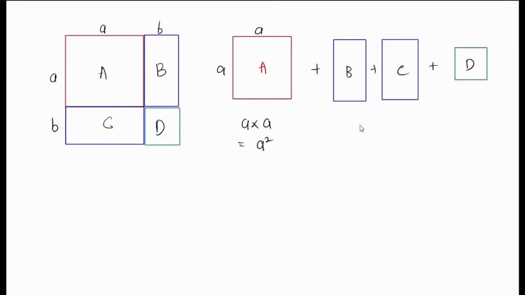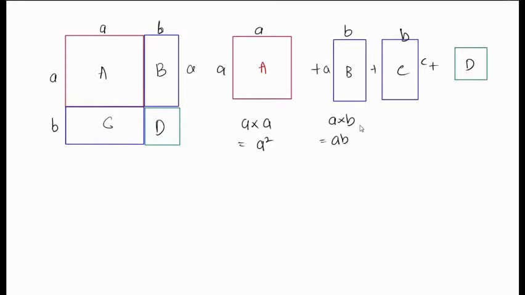For the next part, the length is the same, so the width is B and the length is A. Same with quadrilateral C. So quadrilateral B is A times B, which is AB.